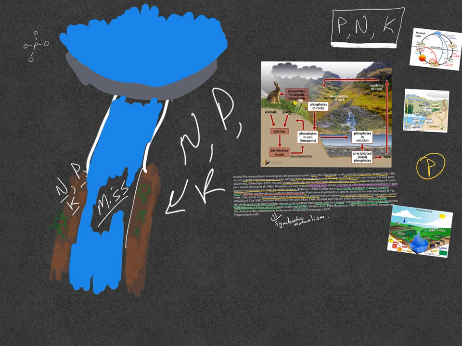And finally, when we build things like dams, we disrupt that cycle because the phosphorus is not able to get on the land where it would do the most good. And so we have to add fertilizer, and then adding fertilizer, as you know, starts to impact the ecosystem by creating eutrophication. You get algal blooms.